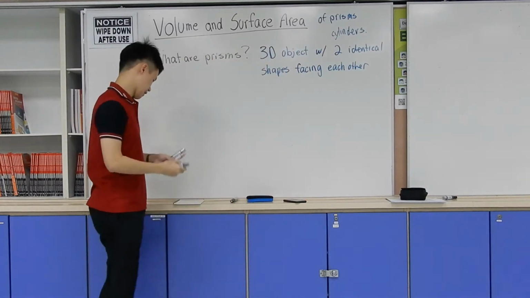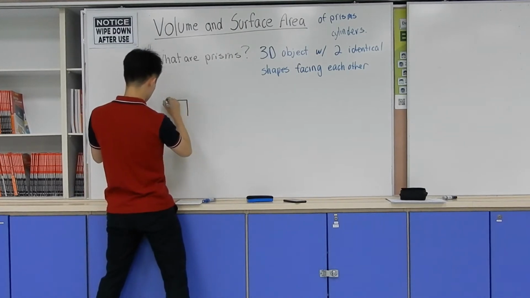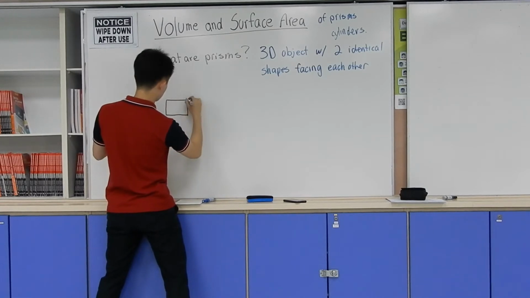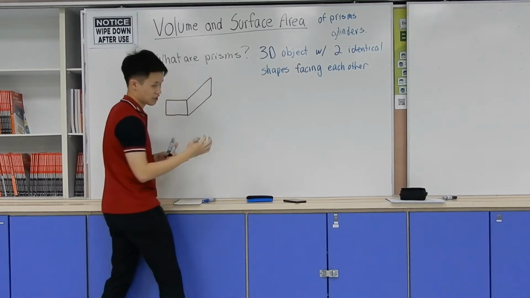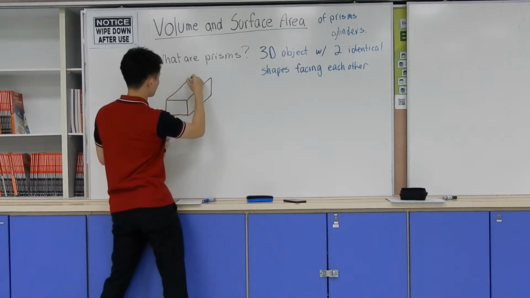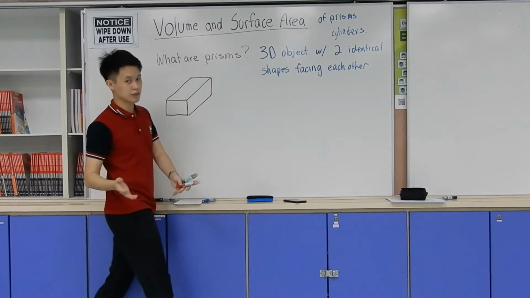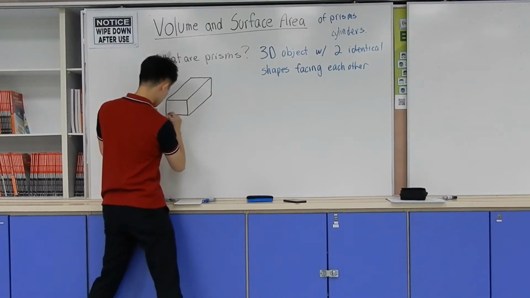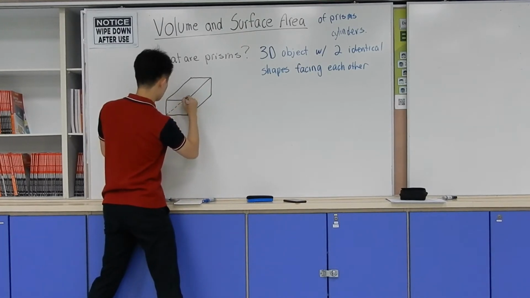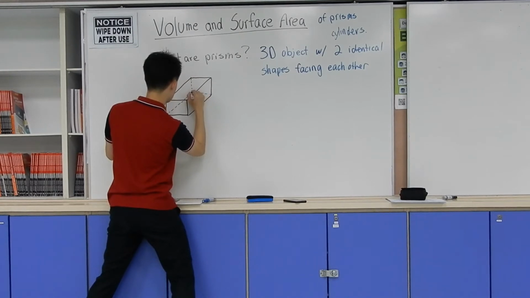With that being said, I'm just going to quickly draw a prism that all of you should know. This is a cuboid. When a 3D object is drawn in 2D, it will look something like that, and I'm going to draw the back using dotted lines so you can roughly see the entire 3D shape.